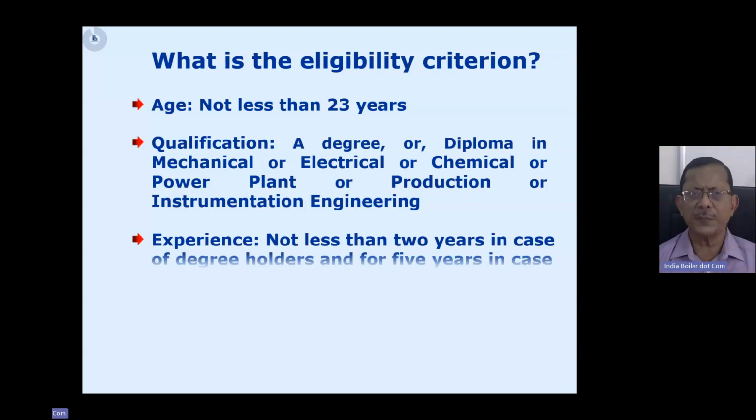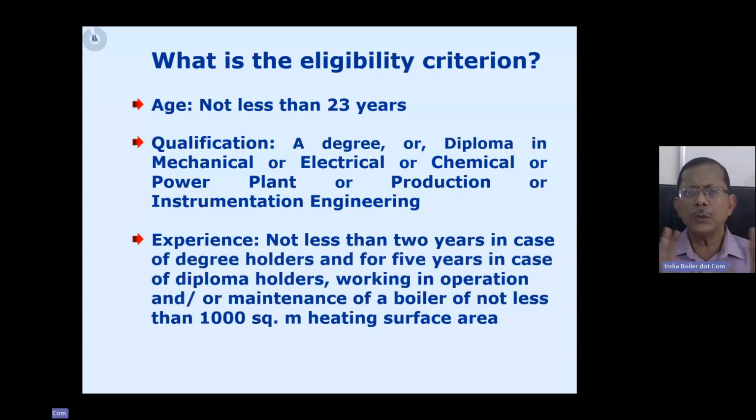Now, talking about the experience, you must have a minimum of 2 years of experience if you're a degree holder, and at least 5 years of experience if you are a diploma engineer in any of these disciplines. Now, when I say 2 years, that means it is the complete 2 years.